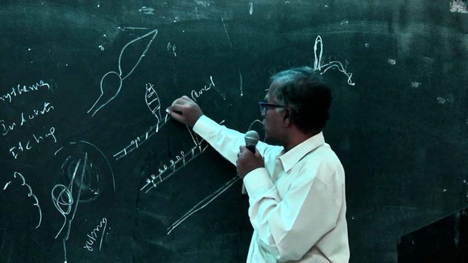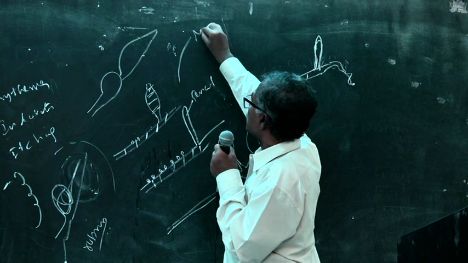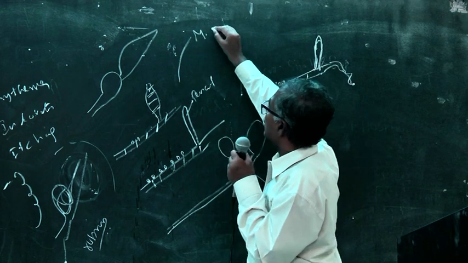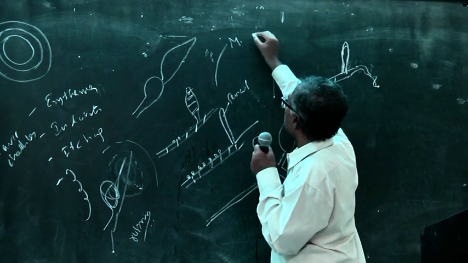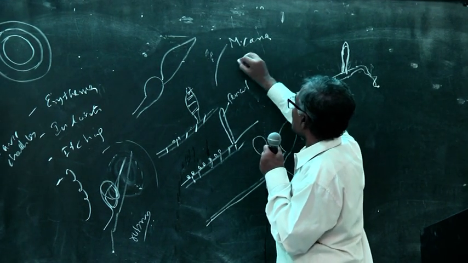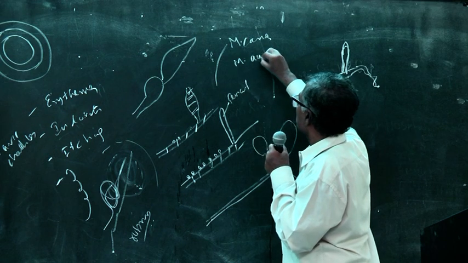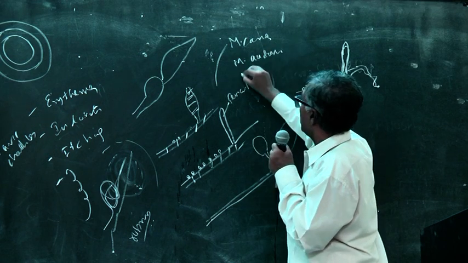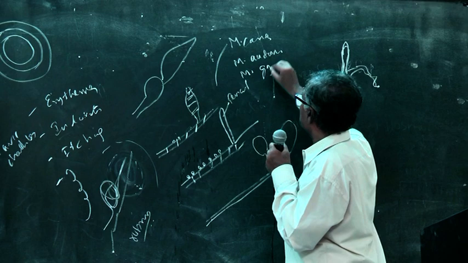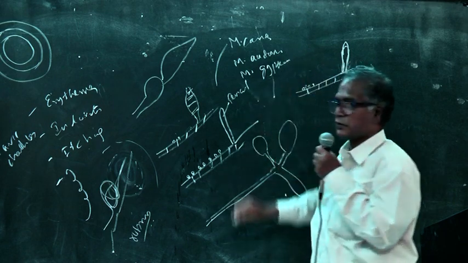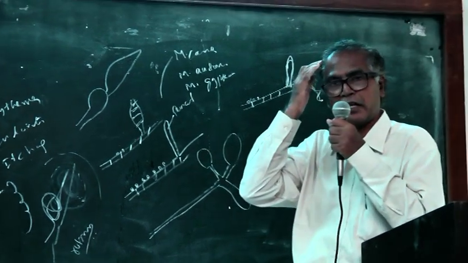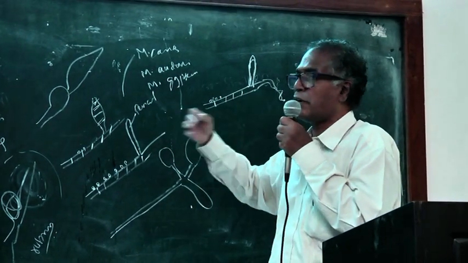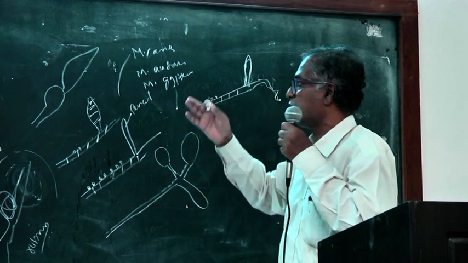There are three important species, namely Microsporum canis, Microsporum audouinii, and Microsporum gypseum. What does Microsporum cause? It causes hair infection and skin infection. Trichophyton causes total body infection: skin, hair and nails.